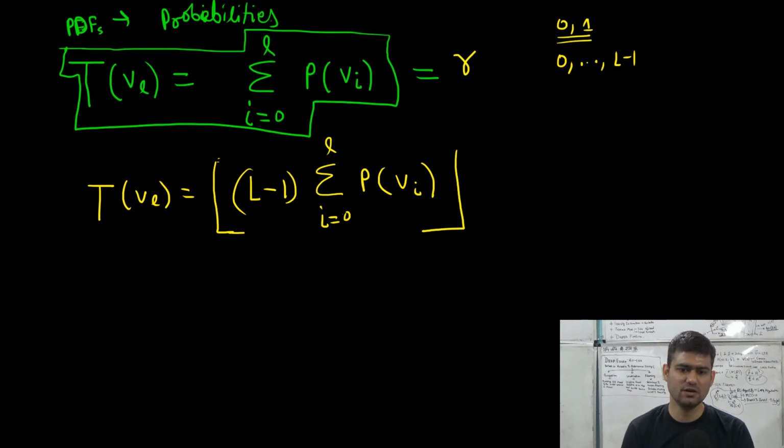So if the resultant value is, let's suppose, 223.6, then we will convert that value to 224, or if the value is 223.4, we convert it to 223.